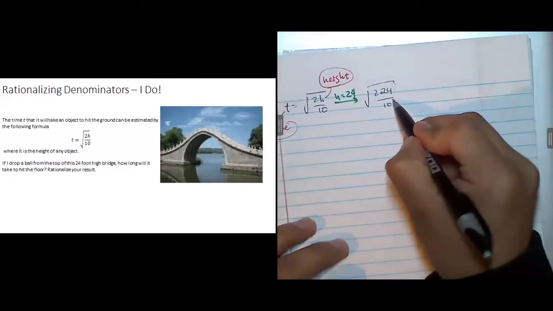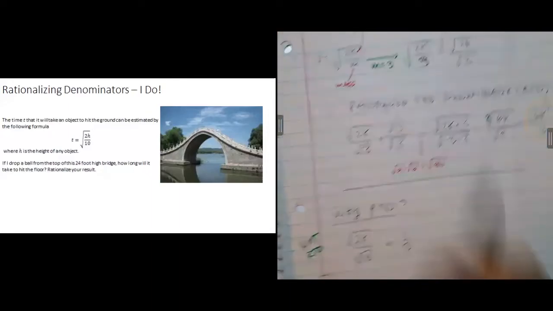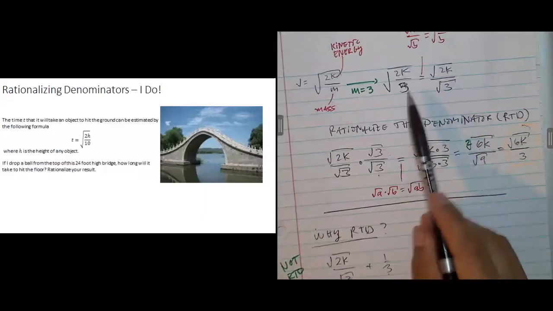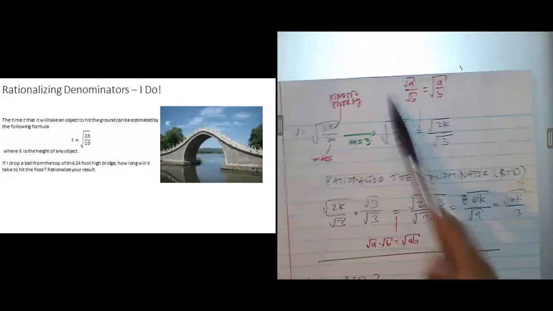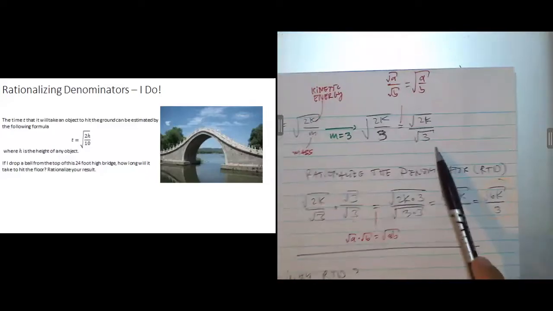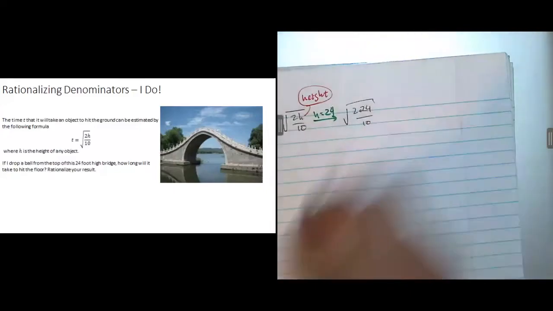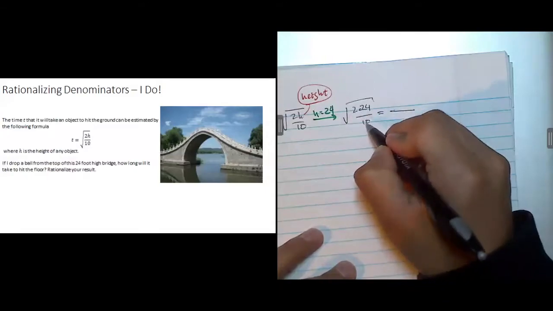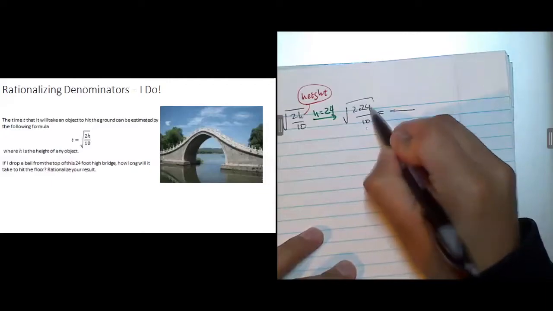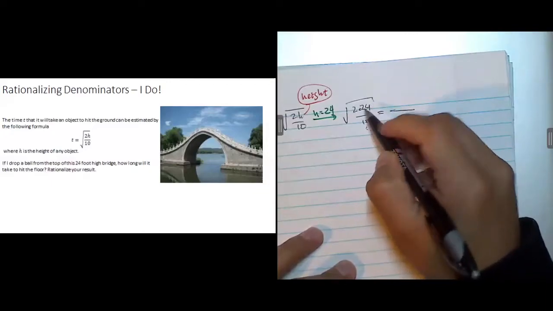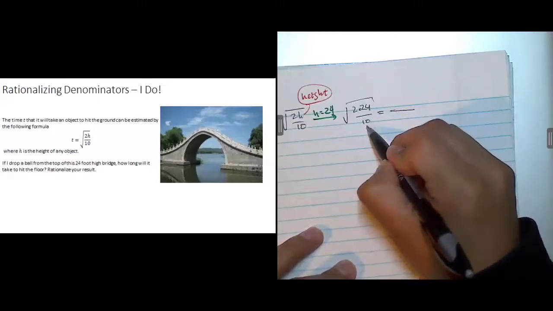This problem looks a lot like the warm-up problem that we did. We had a radical and a fraction, and then we used this rule to split it. So let's do the same thing for this problem. Let's simplify what's inside. Since both are even numbers, multiples of 2, maybe we can simplify. 2 times 12 is 24, and 2 times 5 is 10.